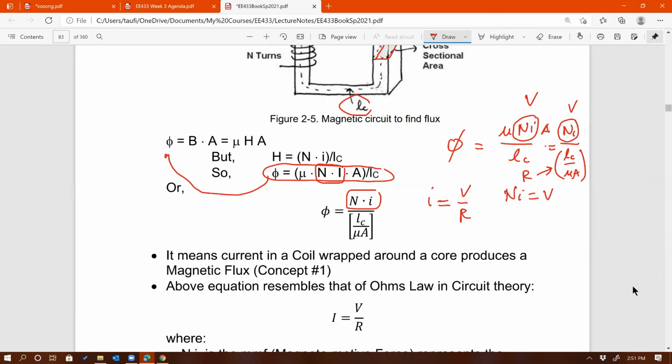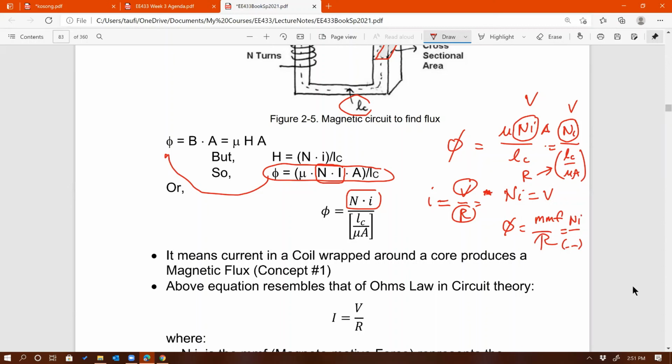Because I know that I is equal to V over R, and for a magnetic circuit, flux is equal to MMF over reluctance, right? Since I know that MMF is Ni, therefore the remaining terms must be our reluctance.